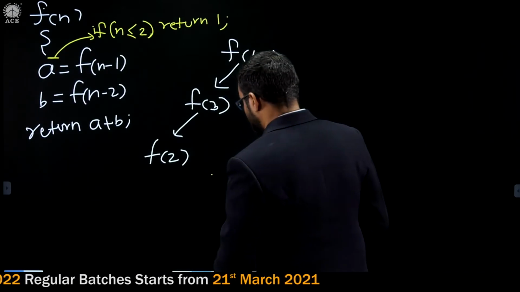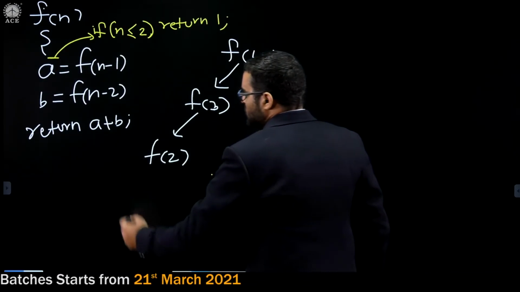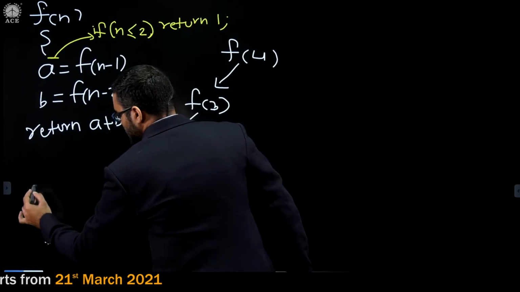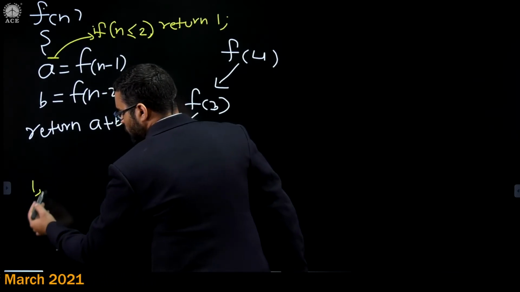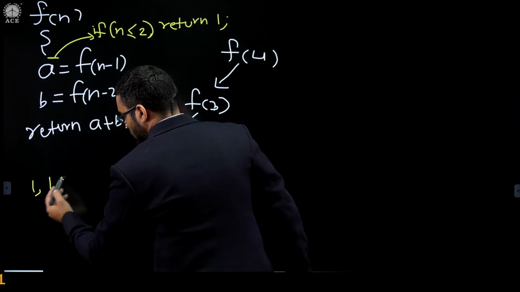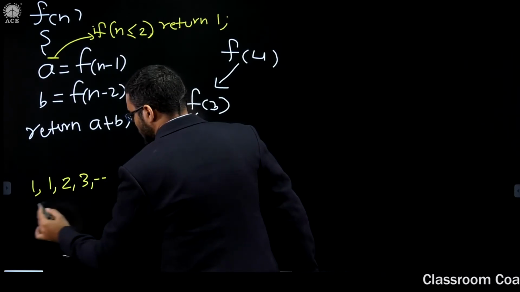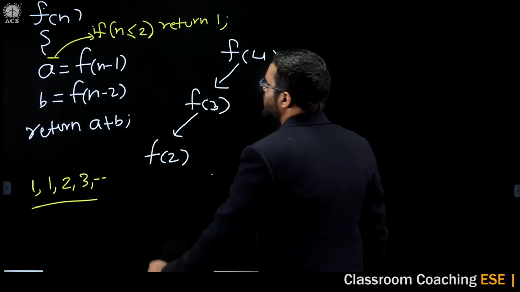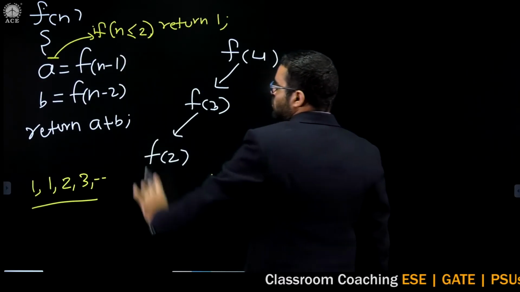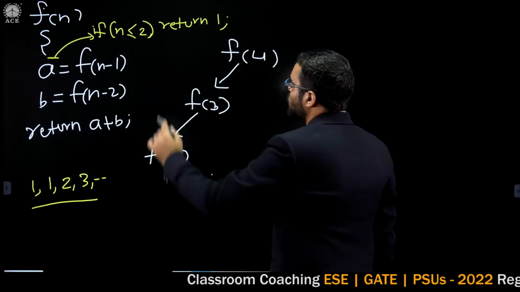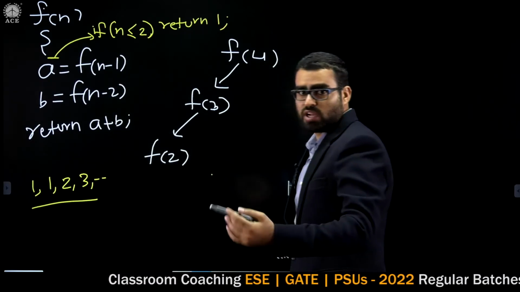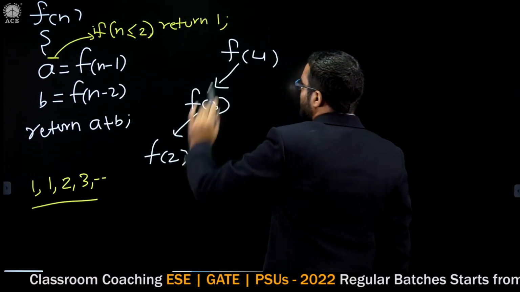The Fibonacci series, we know the Fibonacci series, let me write it down again. f1 is 1, f2 is 1, f3 is 2, f4 is 3, and so on. So if n is less than or equal to 2, the value of f1 or f2 will be 1, so simply return 1.